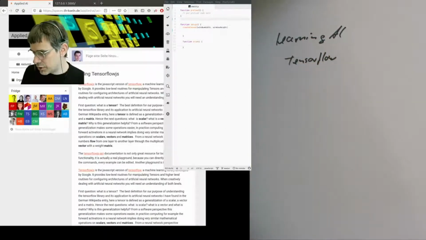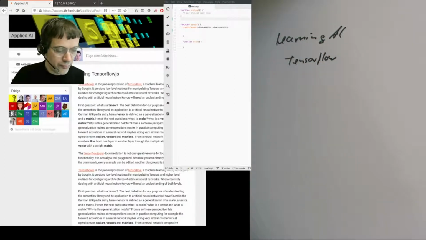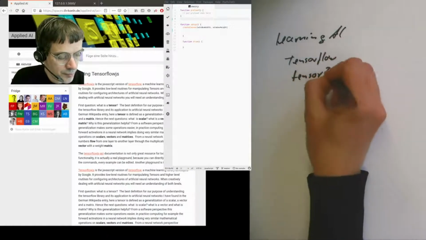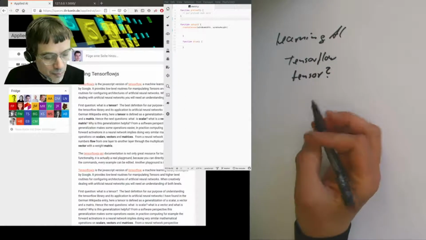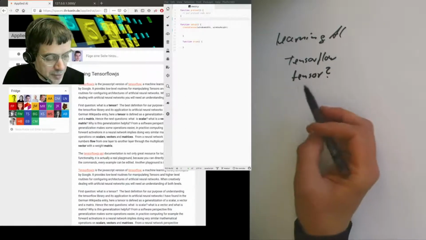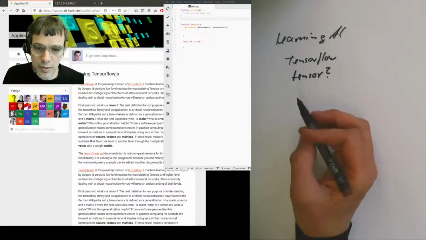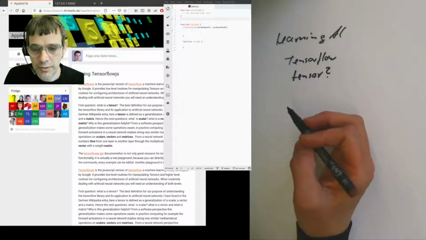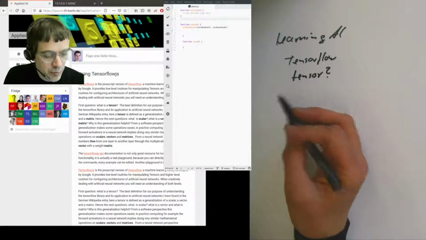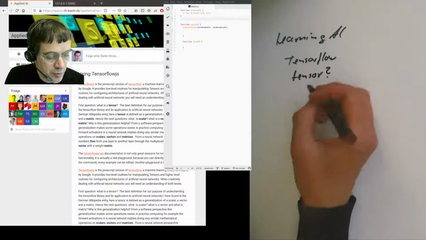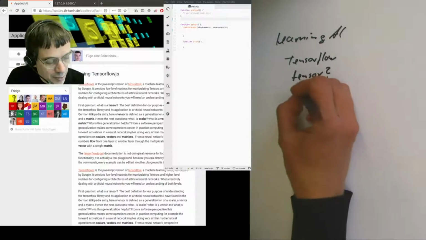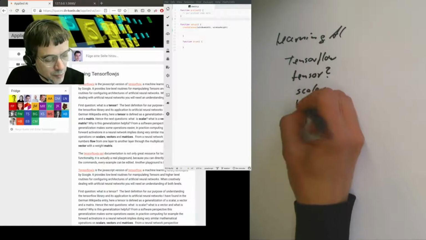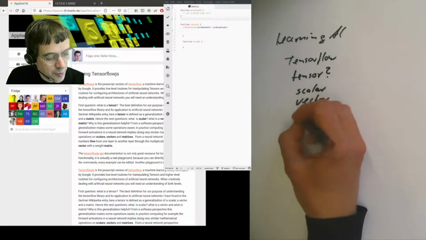And the question of what is a tensor? As I said, what I like most is the definition you find on the German Wikipedia entry, which says that the tensor is a generalization of a scalar, a vector, and a matrix.